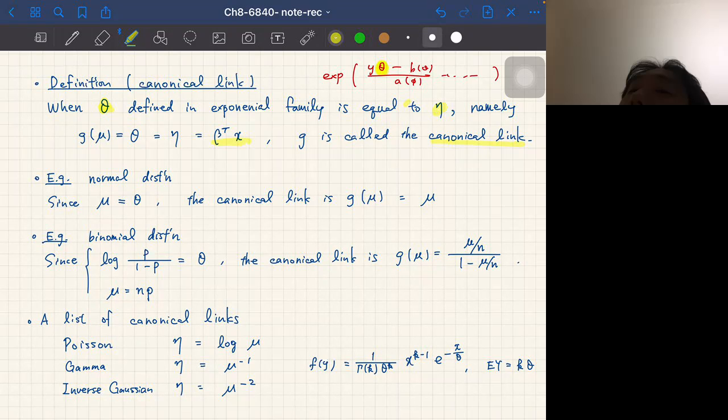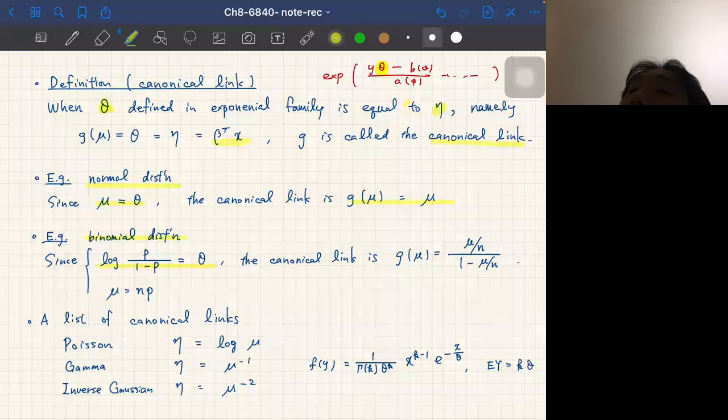Okay, so examples. First, the normal distribution. It's a little bit of a trivial case. So mu is equal to theta, as we have seen. So the canonical link is g of mu equal to mu. The second example, the binomial distribution. We have identified that log of p over 1 minus p is equal to theta.